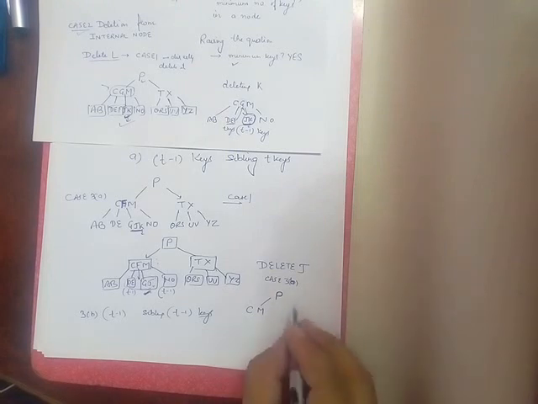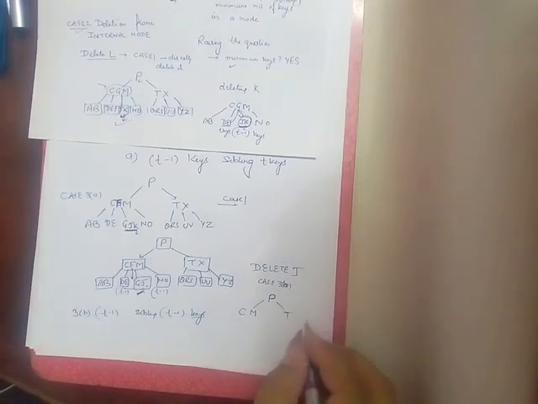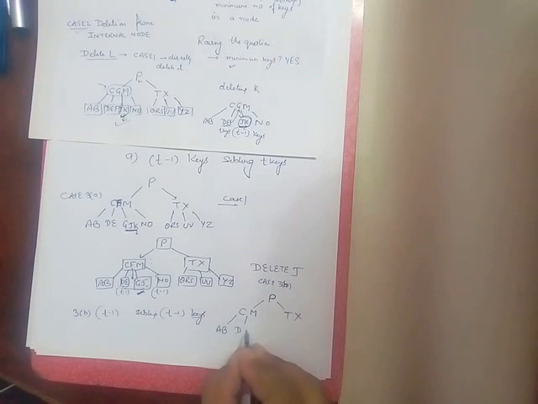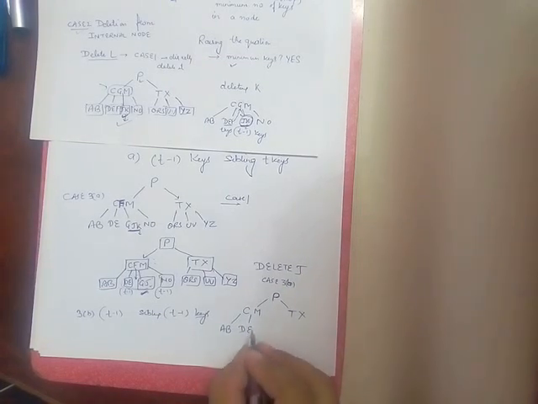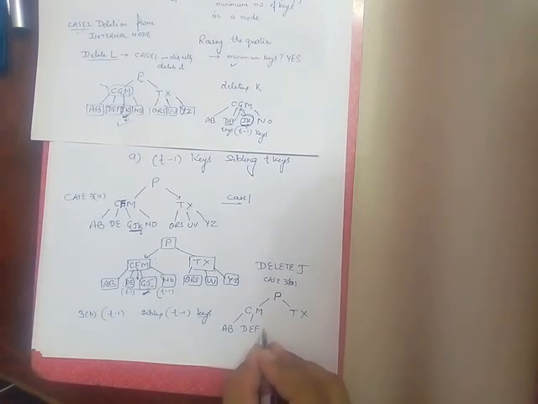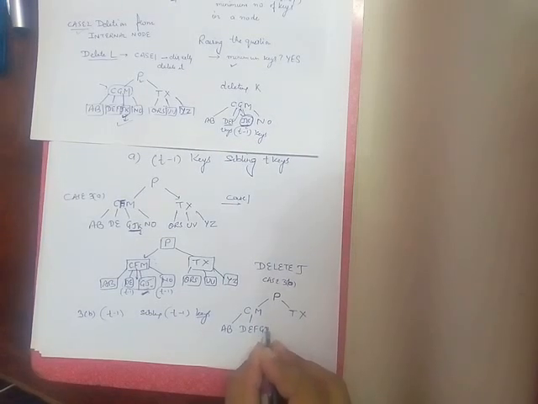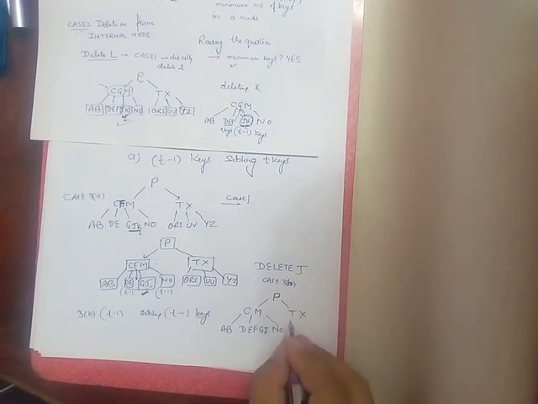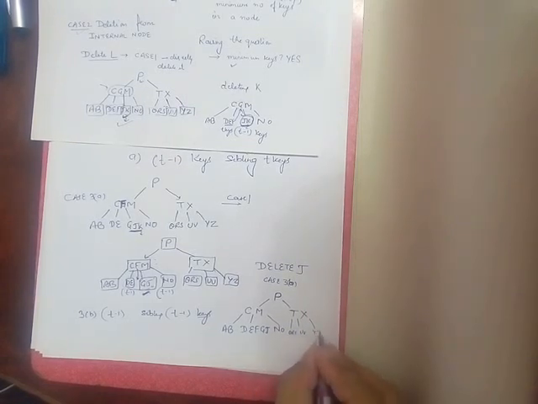Here will be T and X. C's left child will be AB, C's center child will become D, E, F, with F moving downward, G and J, and the right child will be NO. T's left child we can make QRS, then UV, and YZ.